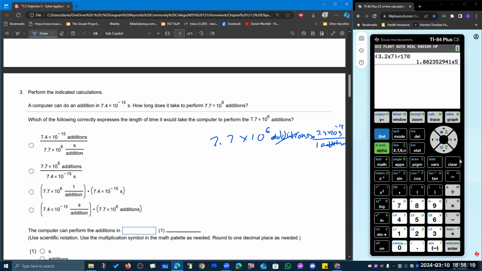So it is 7.7, it's this one right here: 7.7 second EE 6, times 7.4 second EE negative 15. And we get an answer that we're going to round to 1 decimal point: 5.7 times 10 to the negative 8th seconds.